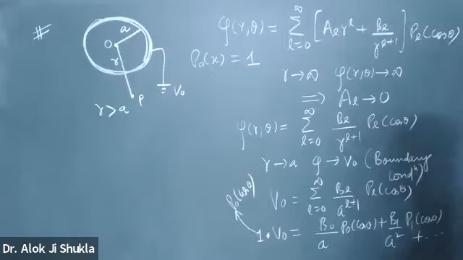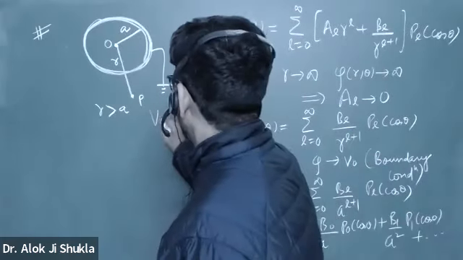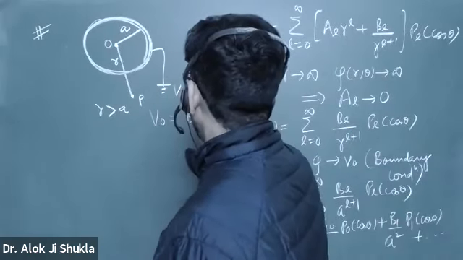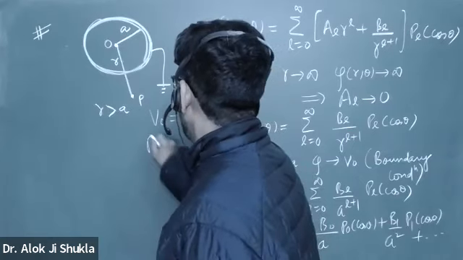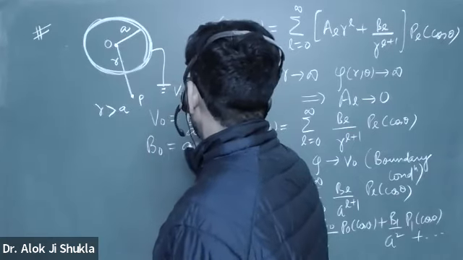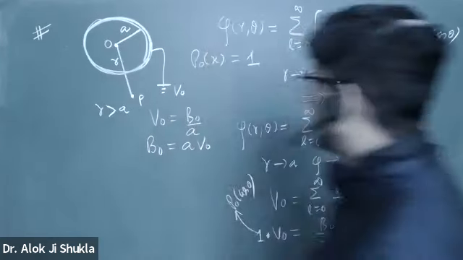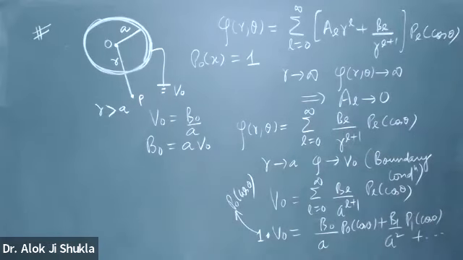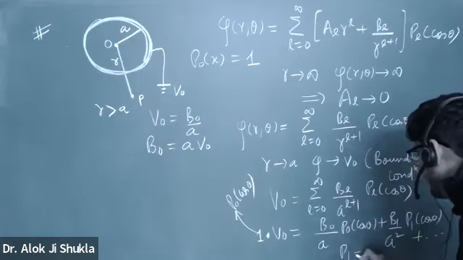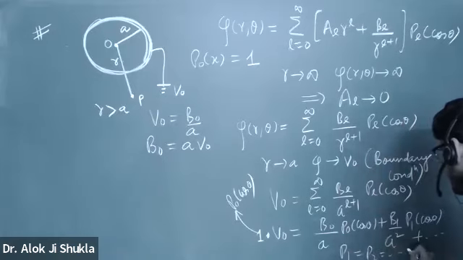So your V naught will become B naught by A. That means only B naught will exist, and that is A V naught. Understand this. All other coefficients will become 0. P1 is equal to P2 is equal to dash dash dash.